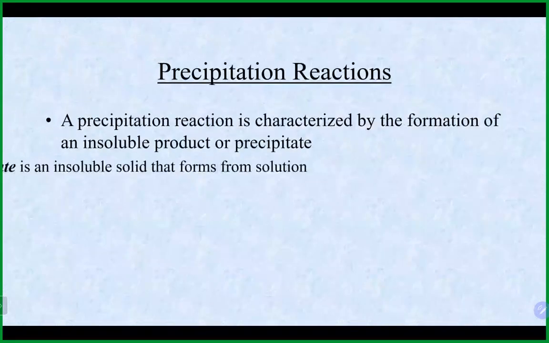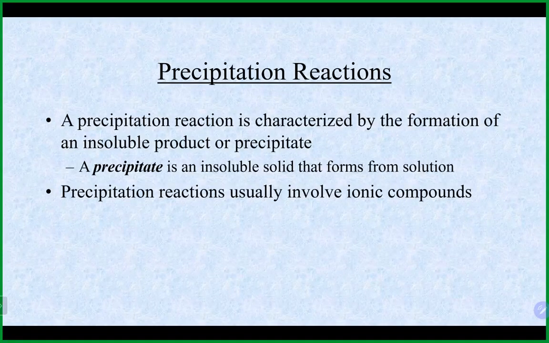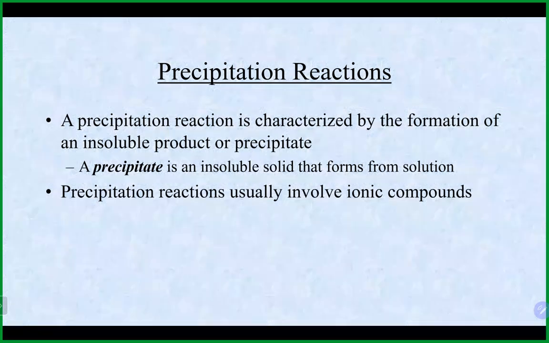Let's take a look then. A precipitation reaction is formed oftentimes by the mixture of 2 solutions together. Because solutions are basically just ions, a combination of ions that come together will make a precipitate, which is an insoluble solid that forms. A precipitate is sometimes abbreviated PPT.